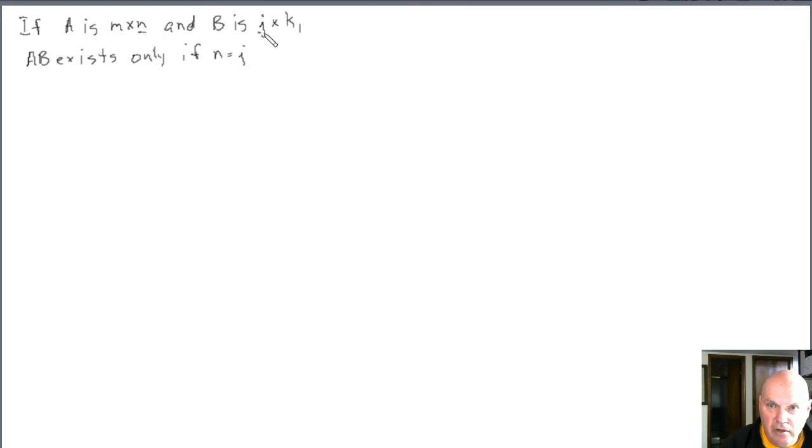These two inner dimensions here have to be exactly the same. And the result, AB, will be of dimension m by k. That inner dimension has to disappear.